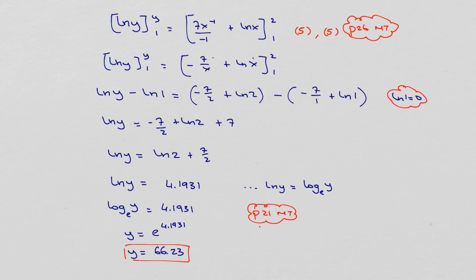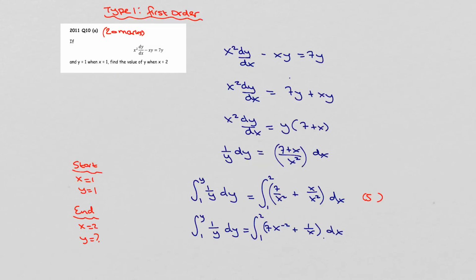And then for subbing in our limits. Sorry, I've given too many marks up there. Let me just go back there. So 5 for integrating, and then 5 for getting our limits subbed in, and then 5 for the answer. So that's 5, 10, 15, and 20.